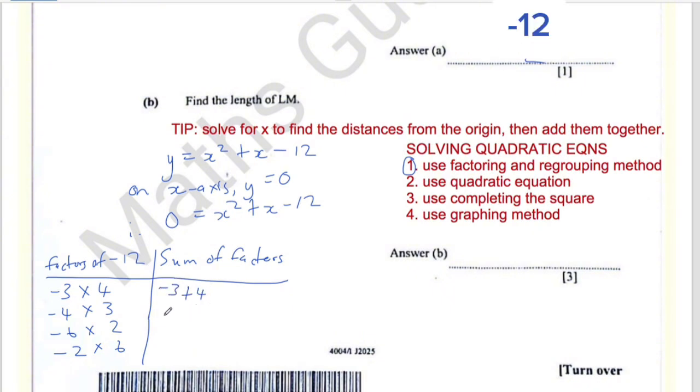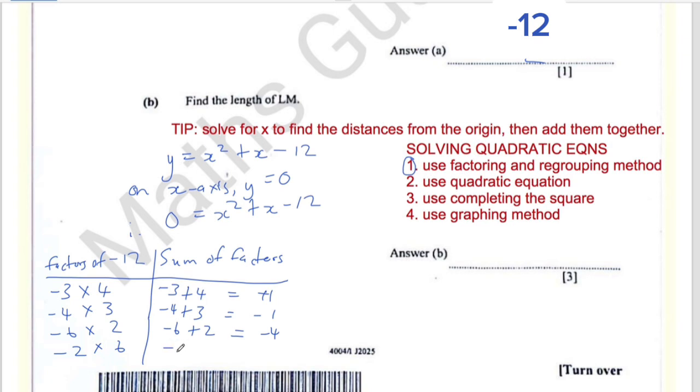Here, we're going to add minus 3 plus 4, and we're going to get positive 1. Minus 4 plus 3, we're going to get minus 1. Then we move on to minus 6 plus 2. This gives us minus 4, and minus 2 plus 6 gives us positive 4.